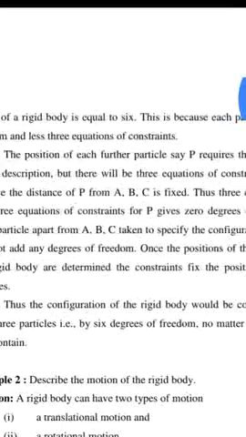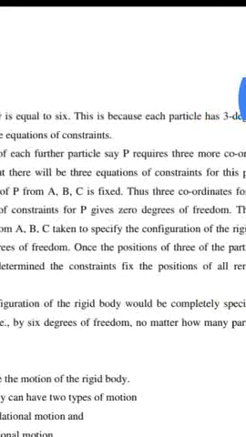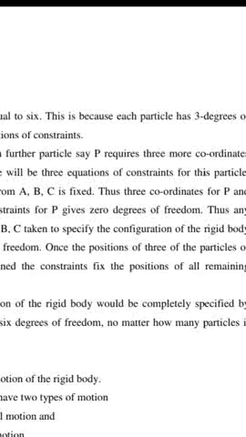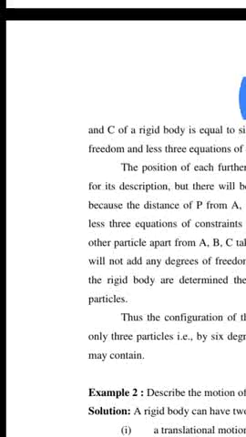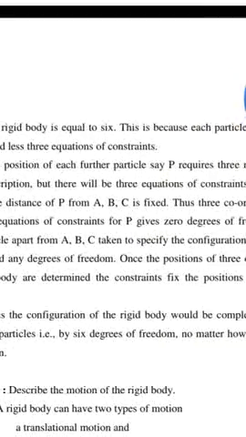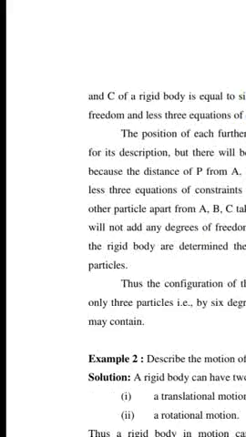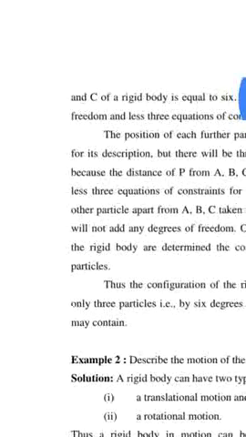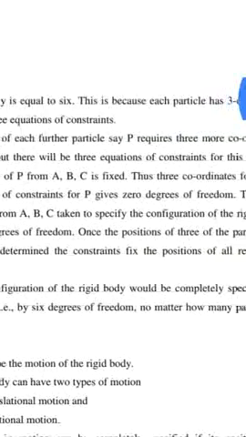The position of each further particle, say P, requires 3 more coordinates for its description, but there will be 3 equations of constraint for this particle because the distance of P from A, B, C is fixed.